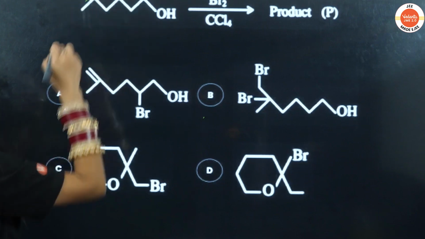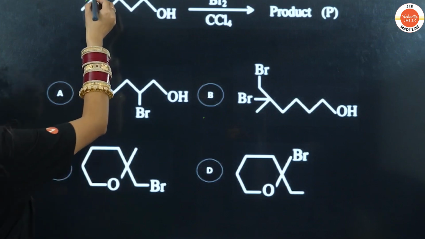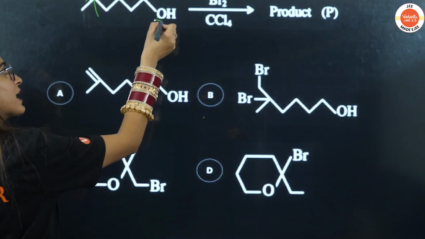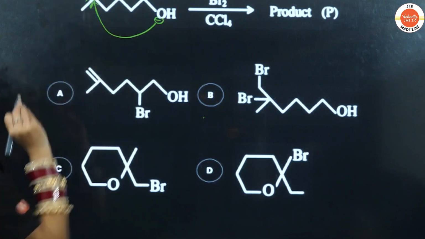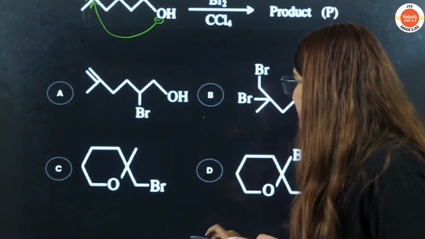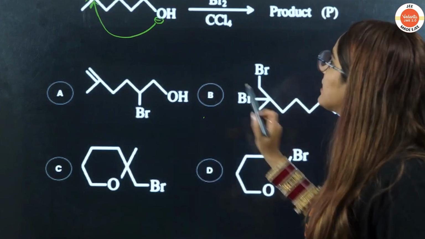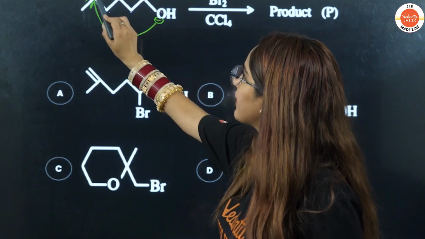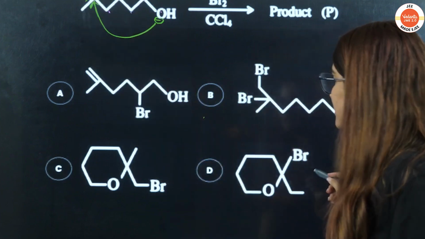This pi bond is already not there, right? Now here you will have the positive. This positive and this negative will attack here and form a cyclic structure, right? That is why this question becomes very important, that here you will have 1, 2, 3, 4, 5, 6. Both are 6-membered rings.